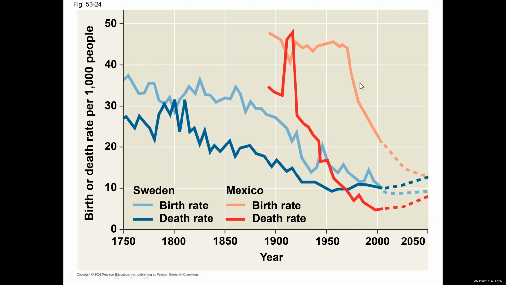So we ended up with death rates coming down first, but then birth rates eventually coming down as well, right? So how this is talked about is something called a demographic transition. We have high birth rates and high death rates, and they switch to both being low. We consider having low birth rates and low death rates a good thing, right?